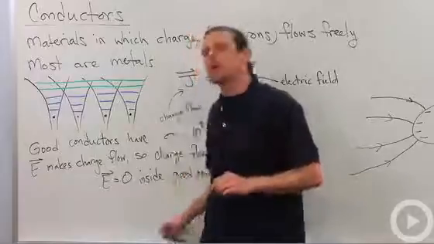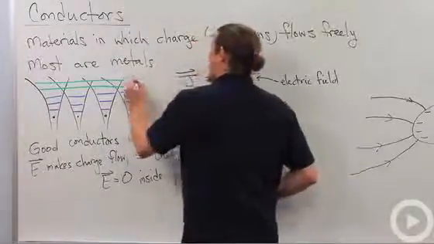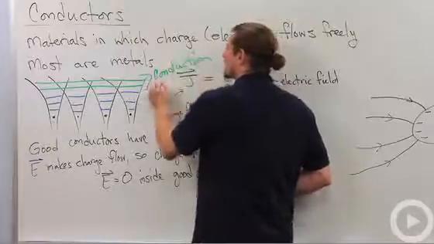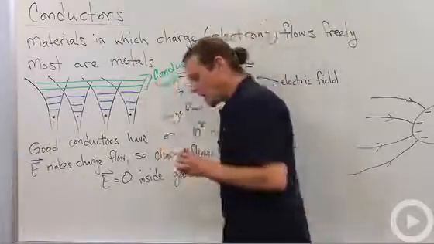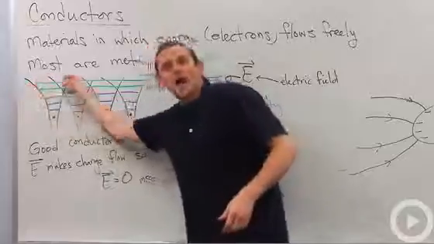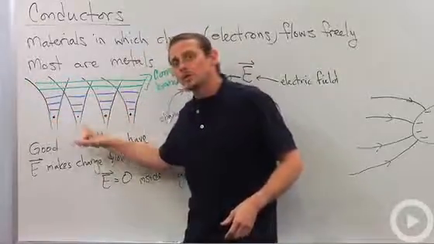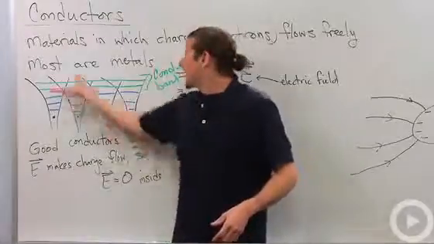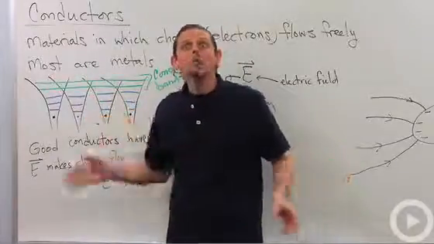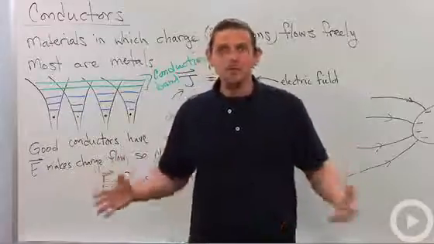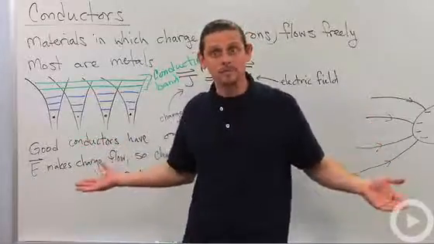But then we've got something called a conduction band, where the electrons can move from one nucleus to the next, to the next, to the next, and it's all okay. So it's this conduction band that allows metals to conduct electricity.